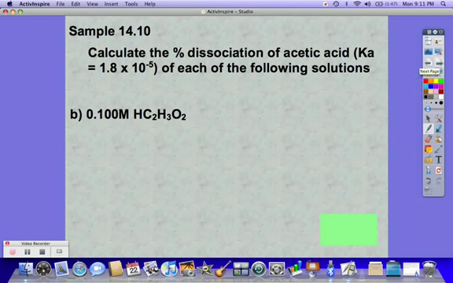Okay, go ahead and pause the video and try solving this one on your own. Alright, so we have our equation, which is the same as what we had before. We can write our Ka expression, which is the same as before.